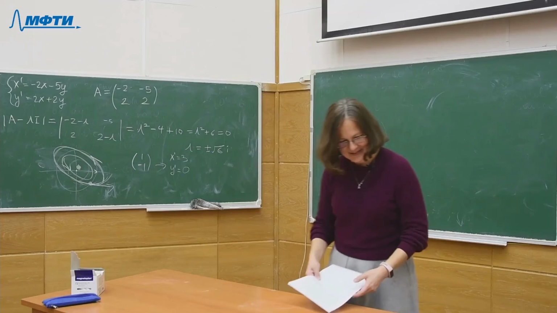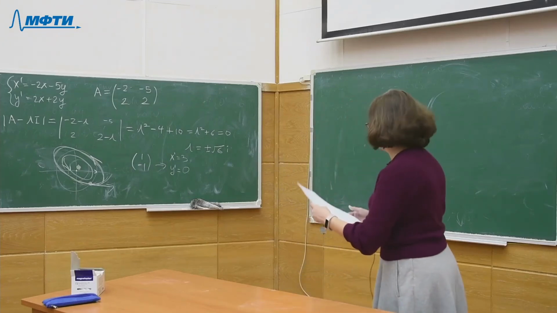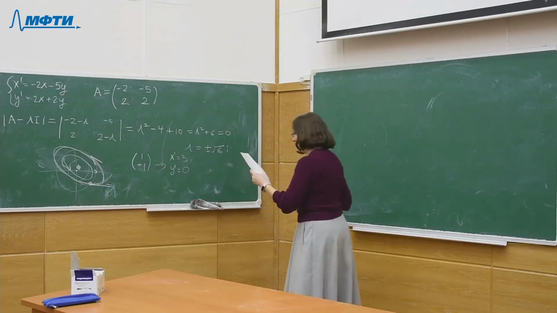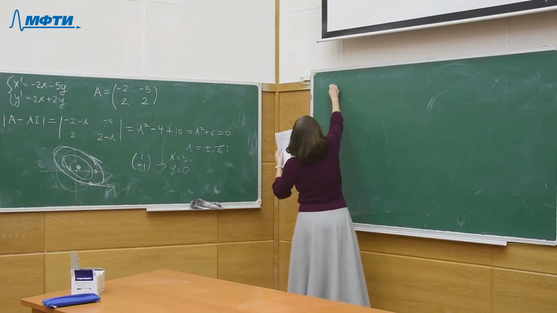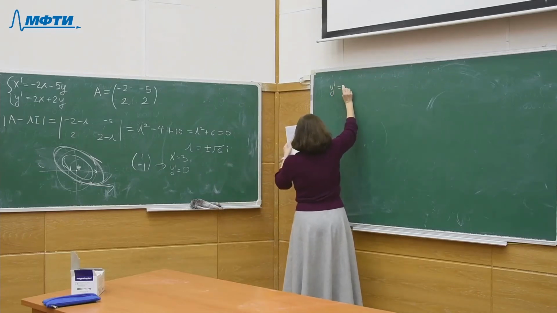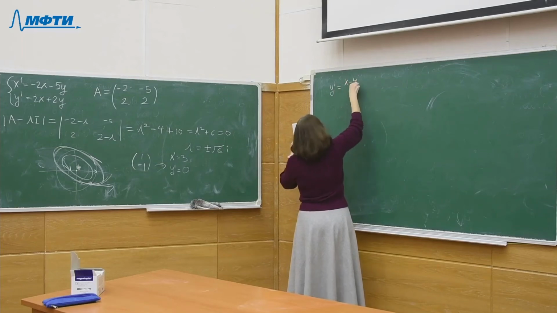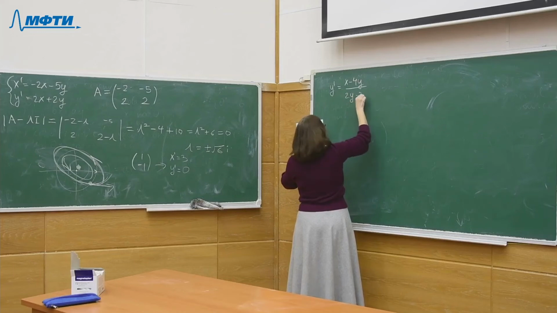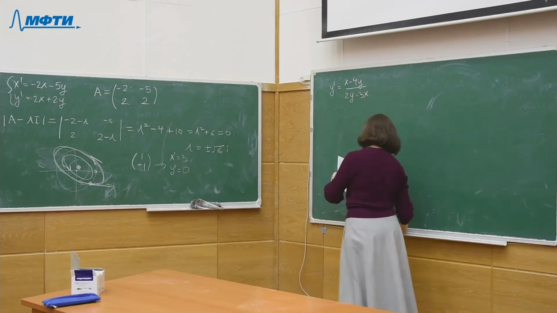And so the last task for today. After this, we will finish. Let's solve this: x minus 4y and 2y minus 3x.